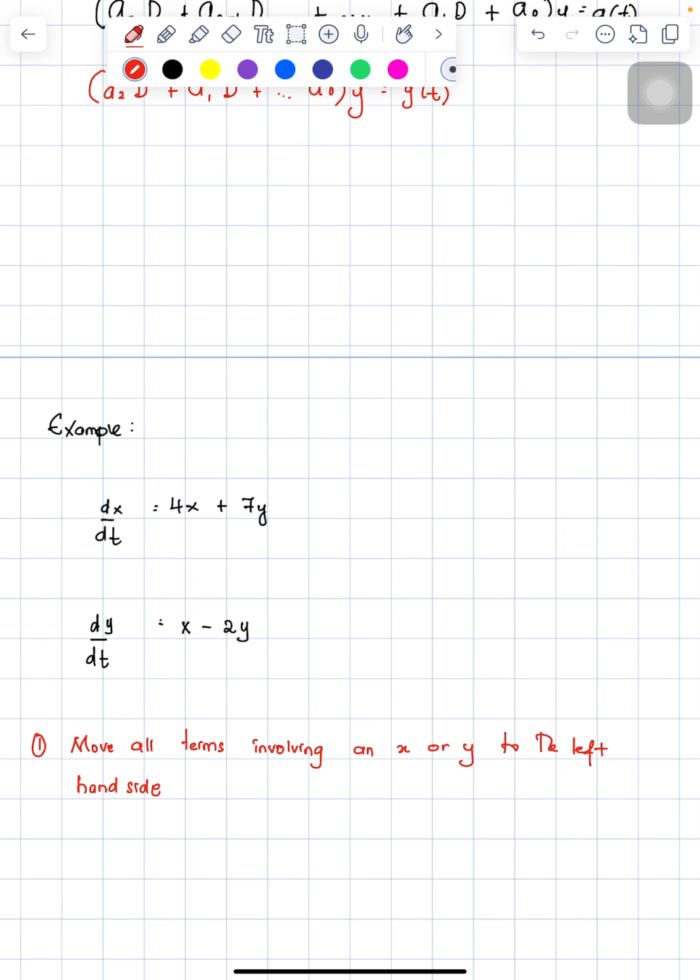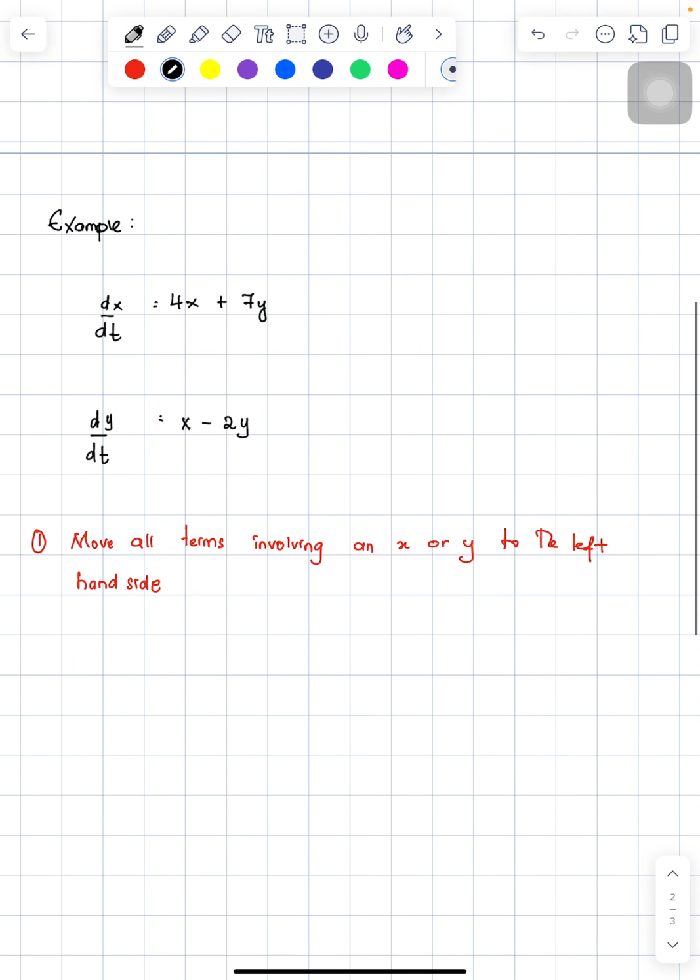So the first equation becomes dx over dt minus 4x minus 7y equals 0, and the second equation becomes dy over dt minus x plus 2y equals 0.